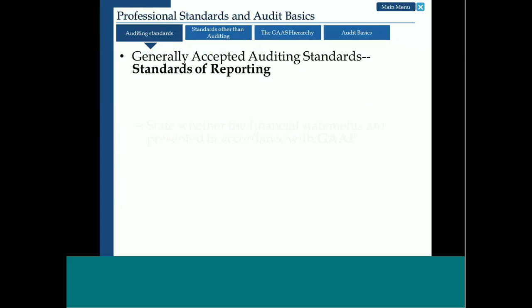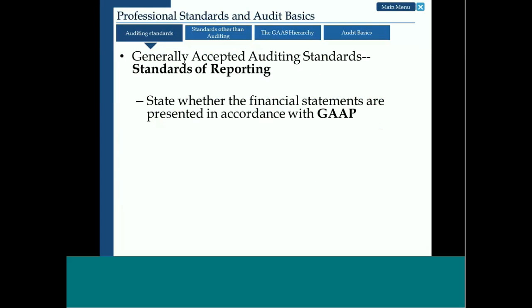And the last section is called the standards of reporting, which says your financial statements have to be in accordance with GAAP. We'll see in the audit report what GAAP is, and what the references to GAAP and GAS are in the audit report. So first I need what?